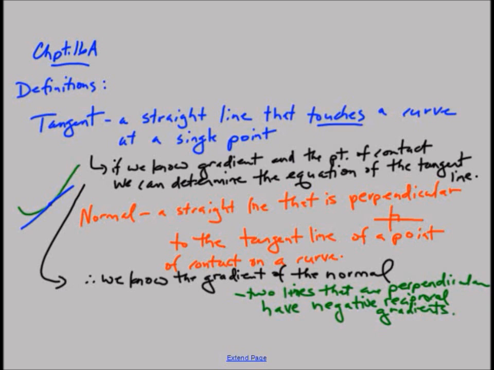Okay, negative reciprocal gradients. So therefore, if we know the gradient of the tangent, we also know the gradient of the normal, and we know the point of contact, so we can determine the equation of the normal.